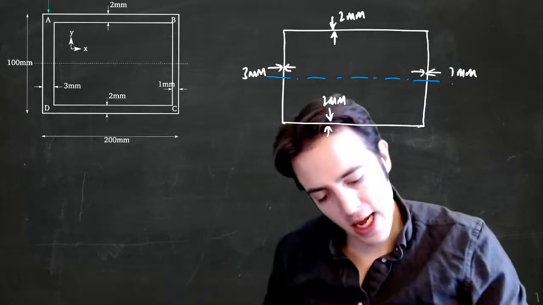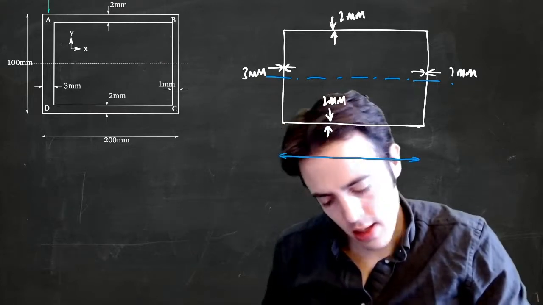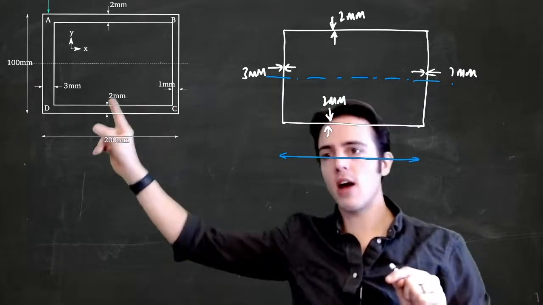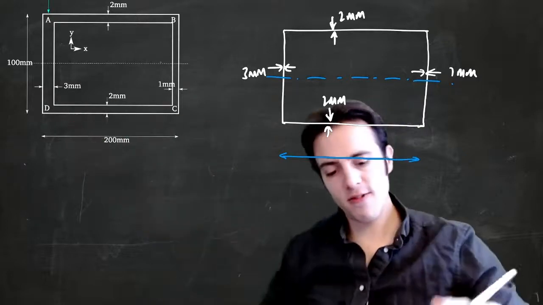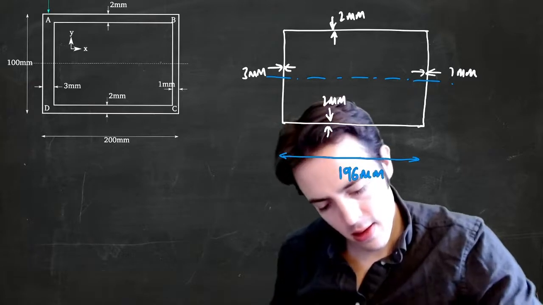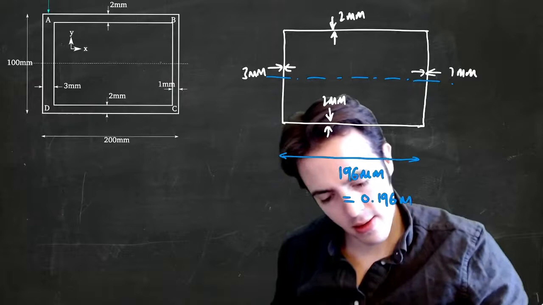So the distance along here is going to be 200 minus half of this thickness minus half of that thickness. It's going to be 200 minus a half minus 1.5, so that is 196 millimeters equals 0.196 meters.